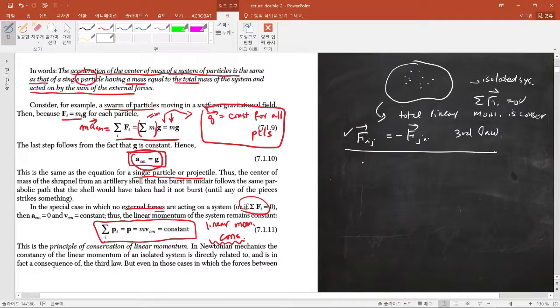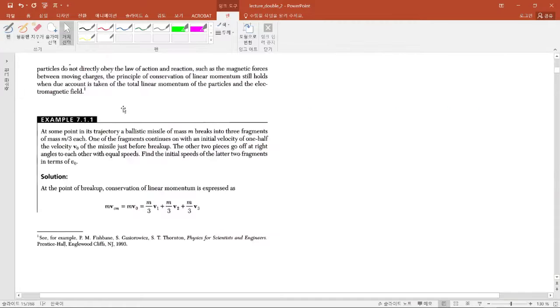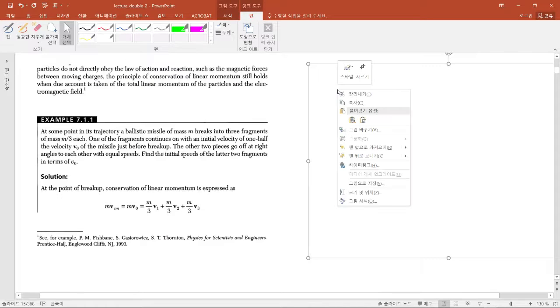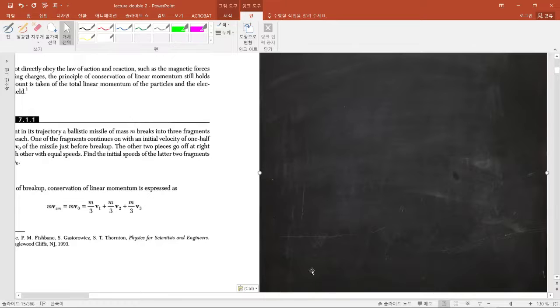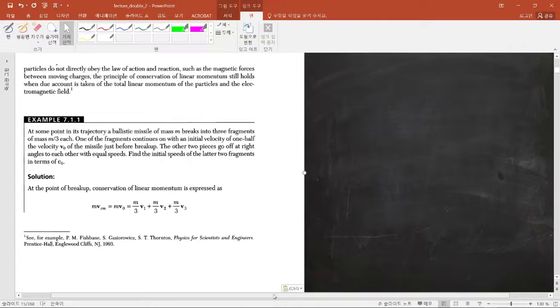But what happens, for example, if there is an electromagnetic field? In the presence of a magnetic field, the law of action and reaction does not hold. The magnetic forces between moving charges do not have action and reaction.